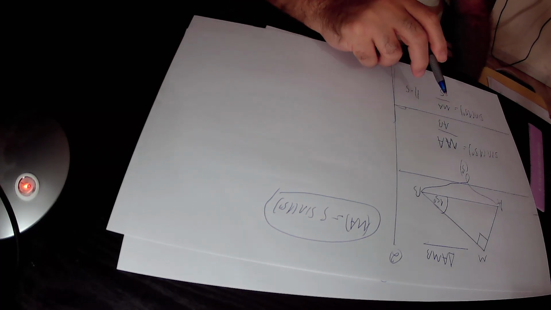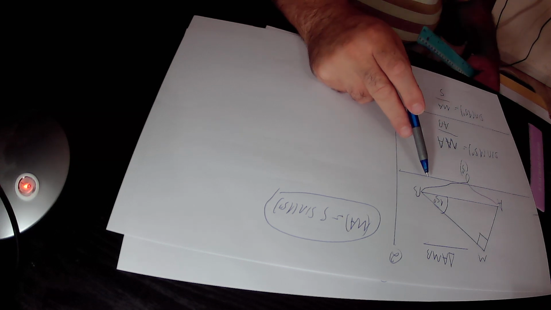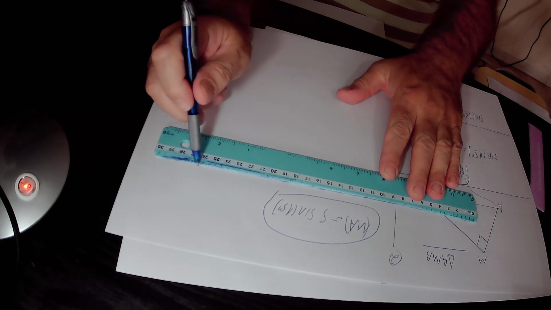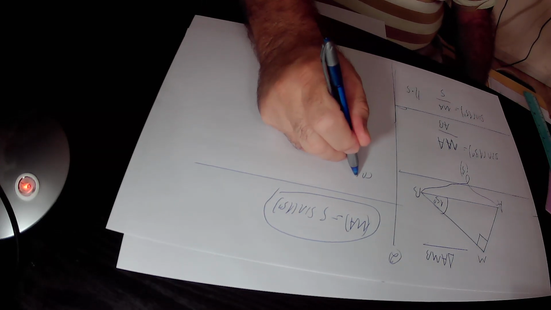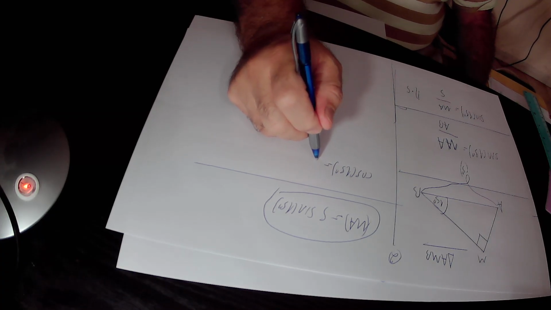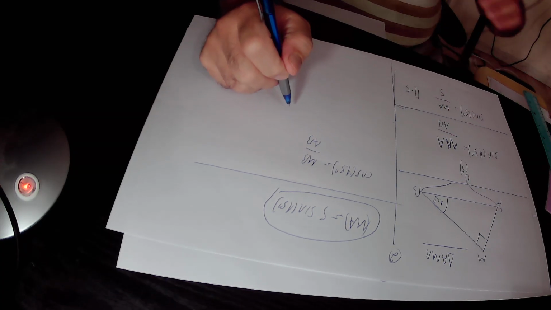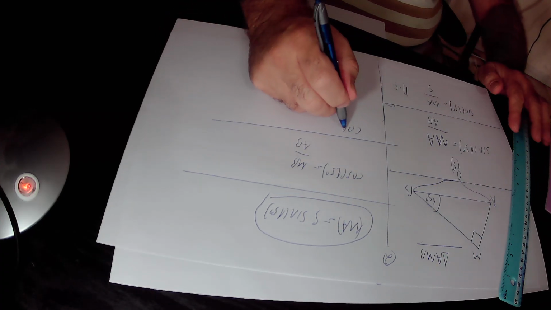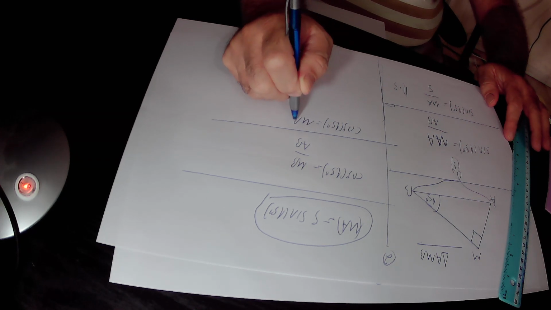We will continue to focus on this right triangle AMB. On this right triangle, cosine 15 degrees is equal to MB over AB. AB is 5, so cosine 15 degrees is equal to MB over 5.